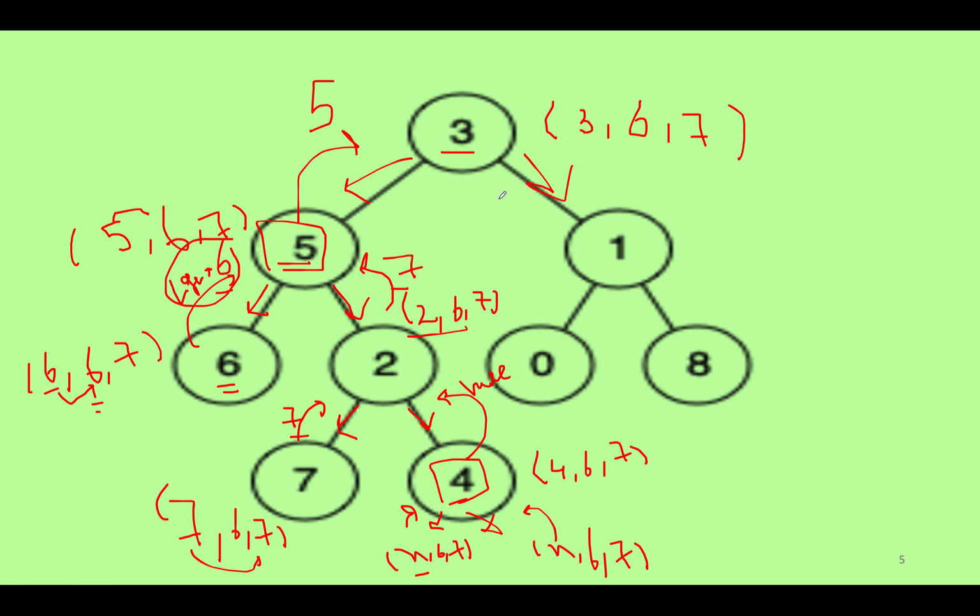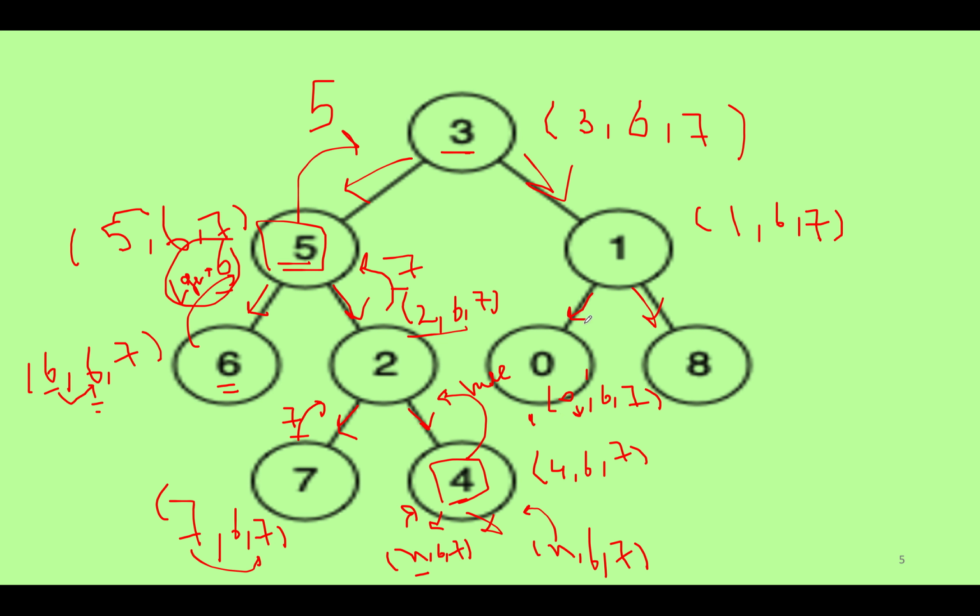As a result, 5 would be returned from here. Similarly, let's talk about what value will be returned from the right traversal of 3's node. So during the right traversal, 1, 6, 7 would be passed. 1 is not equal to 6, 1 is not equal to 7. Again we have to perform the split operation, and 0, 6, 7 will be invoked, and again we'll go in two directions, left and right, because 0 is not equal to 6, 0 is not equal to 7.